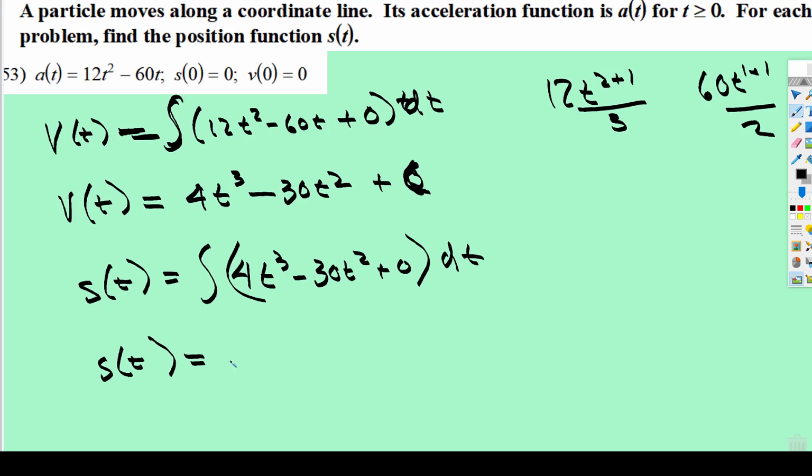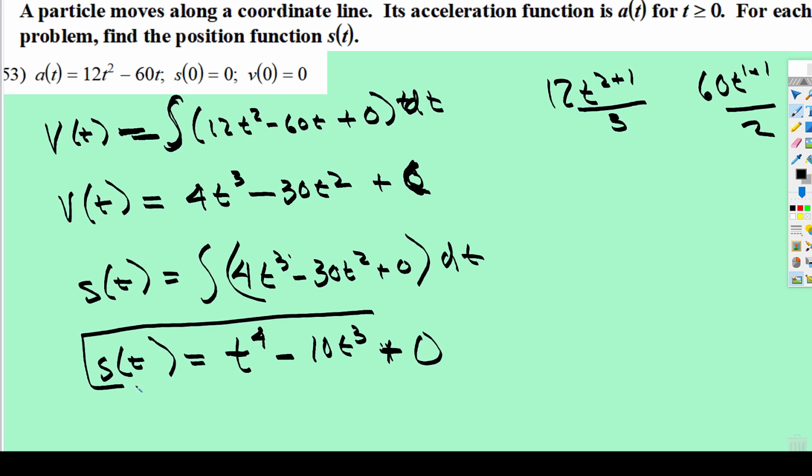Anyway, so now when we integrate this, we're going to add 1, which will be a 4, divide by 4, leaves us with t to the 4th, minus, we're going to add 1, divide by 3, 10t cubed, and that would be the position function. Just like that.